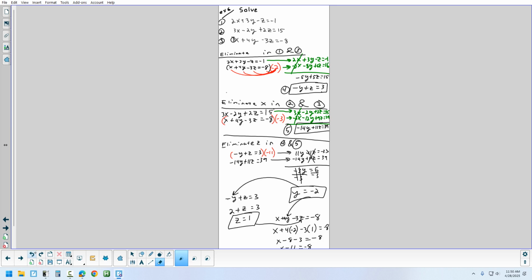Or you could do 1 and 2 and 1 and 3. Just not the same combination. Okay. Once you do that, you're going to get equations 4 and 5. And then what letter you choose to eliminate in 4 and 5, you can pick either letter that's in the problem.